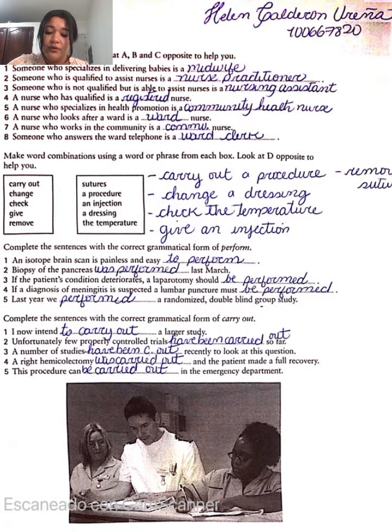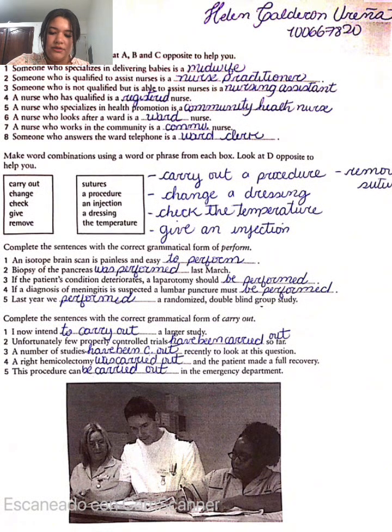A nurse who has qualified is a registered nurse. A nurse who specializes in health promotion is a community health nurse. A nurse who looks after a ward is a ward nurse. A nurse who works in the community is a community nurse. And the last one: someone who answers the ward telephone is a ward clerk.